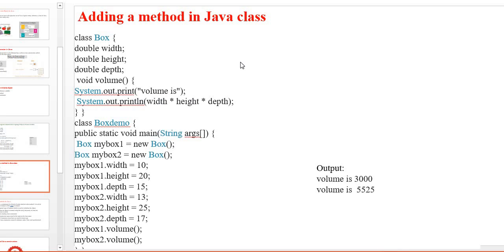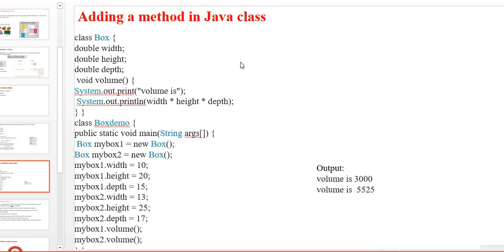So I am assigning some values corresponding to the objects. mybox1.width, mybox1.height, mybox1.depth will correspond to the object mybox1. Next, for mybox2, mybox2.height, mybox2.depth, mybox2.width, these values will be applicable corresponding to the mybox2 object.